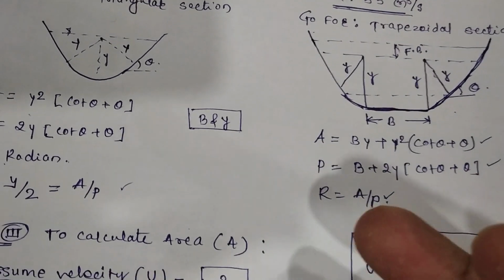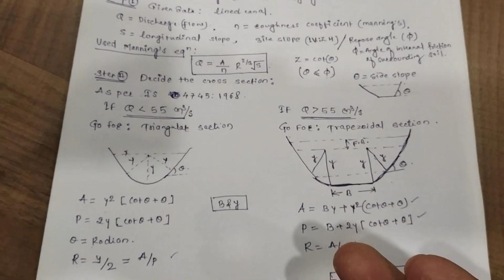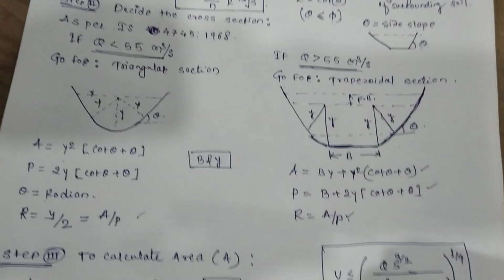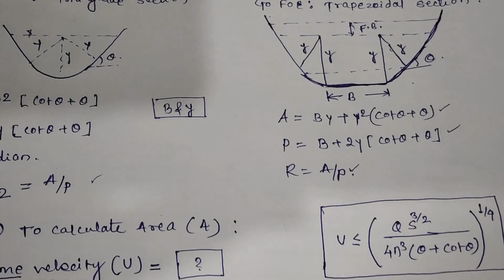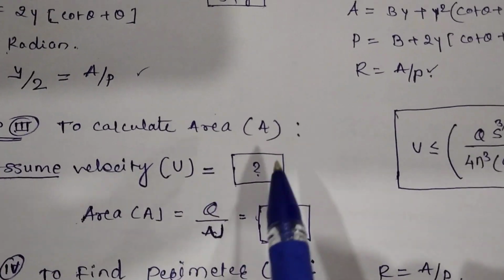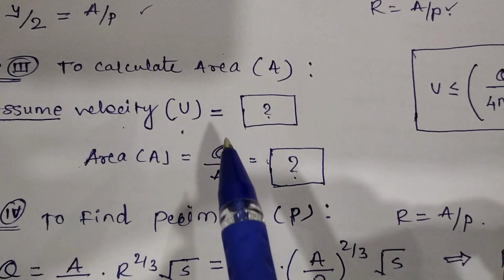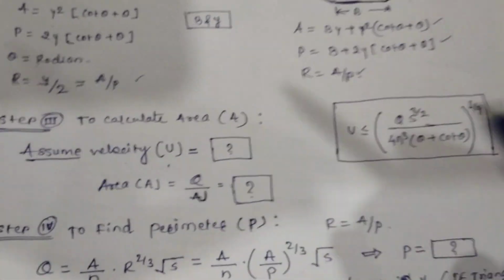But here I have prepared from Dr. K.L. Subramanya's book, in which they first assume the velocity to get the area. But don't blindly go for any value of velocity. Check this criteria.